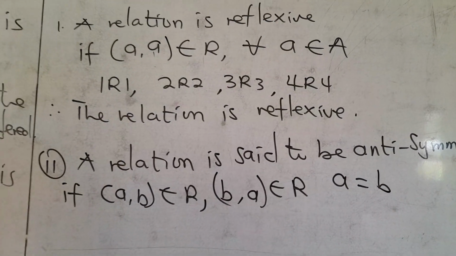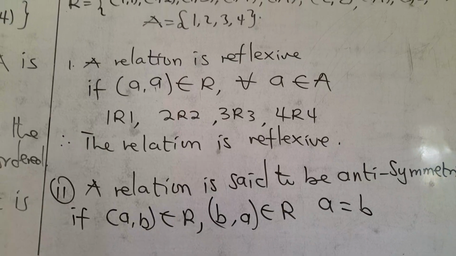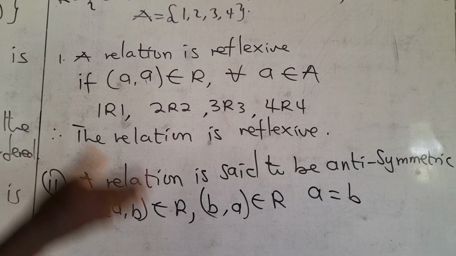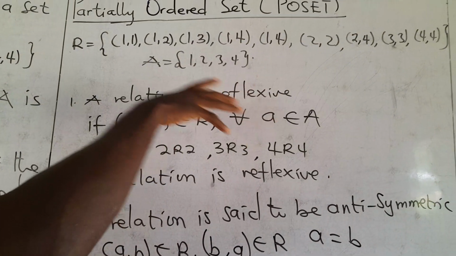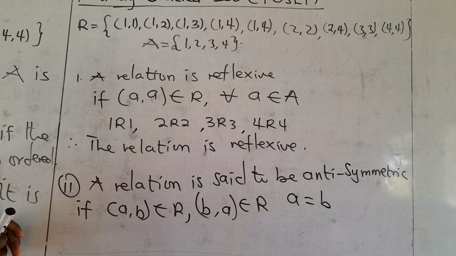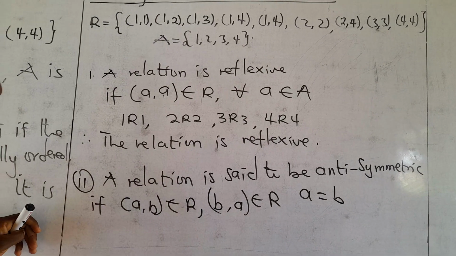So that means we flip all the members of the relation. If the resultant flipping is also a member of the relation, then the first element must be equal to the second. If not, then it is antisymmetric.